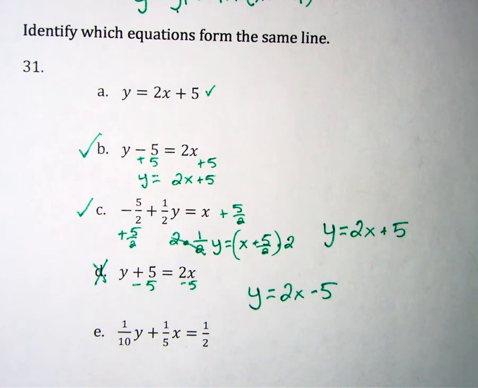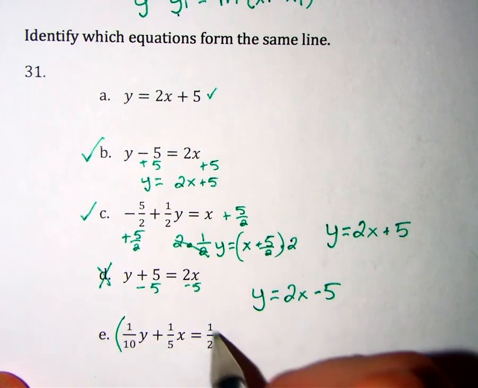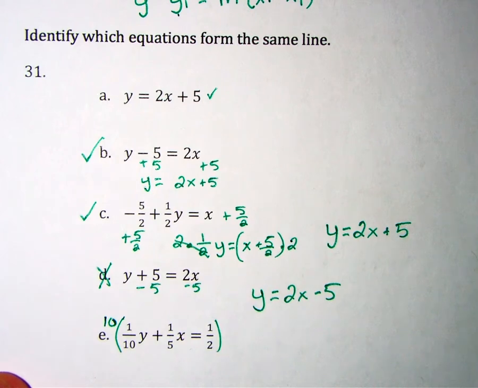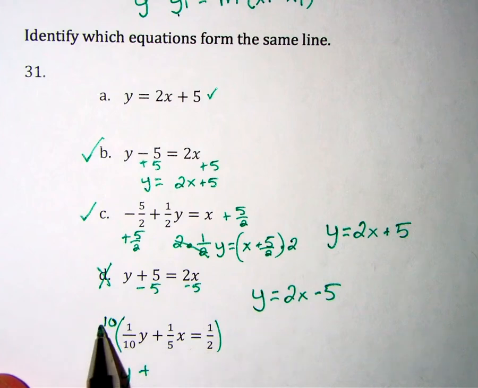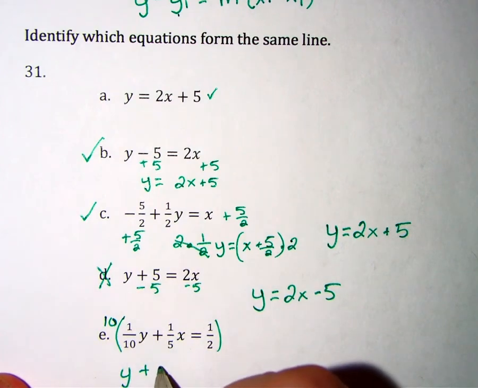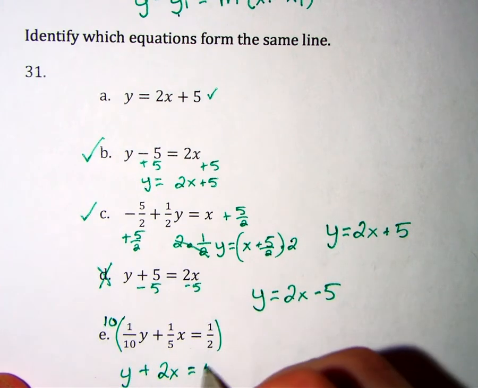Problem number E. I'm going to go ahead and remind you about how to clear fractions. We can clear fractions on any given equation by multiplying by a greatest common factor. So if I multiply each one of these terms by 10, 10 times 1/10 is simply 1, so that's going to leave us with y, plus 10 times 1/5 is 2, equals 10 times 1/2 is 5.